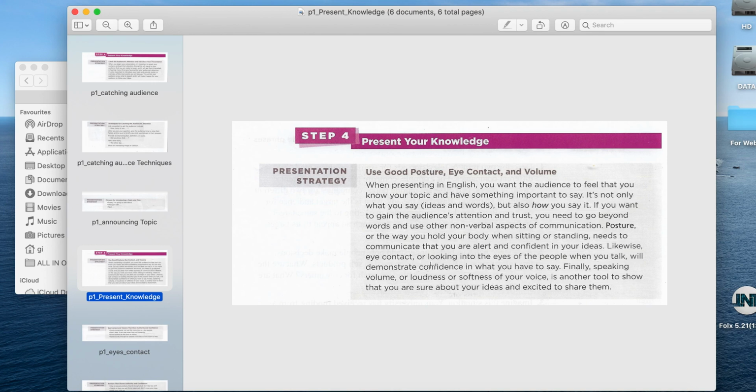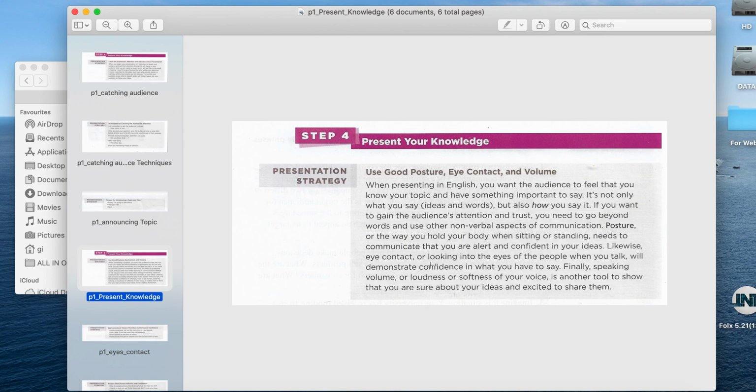That means your posture, because your body talks. If you want to gain the audience's attention and trust, you need to go beyond words and use other non-verbal aspects of communication, for example, posture.